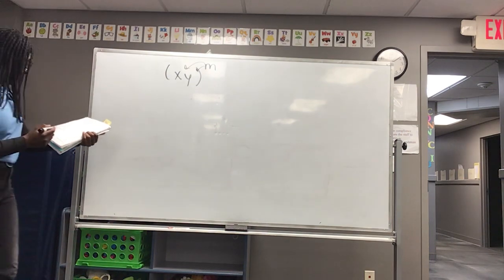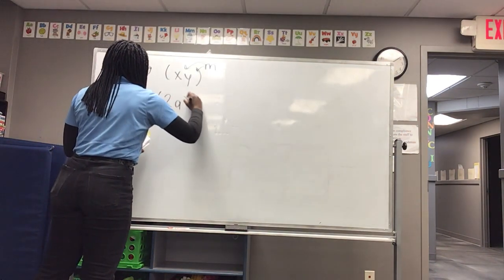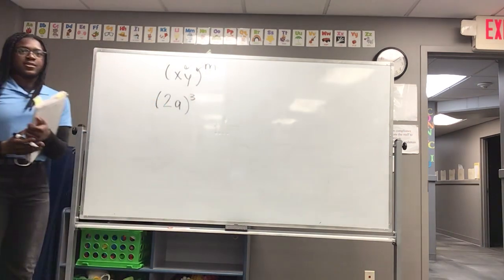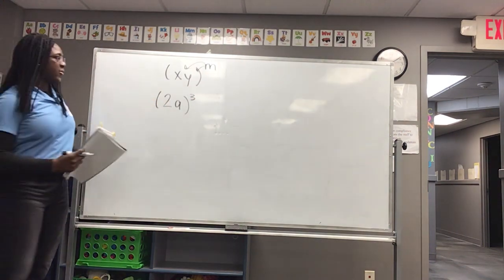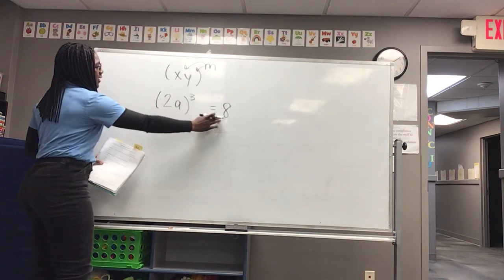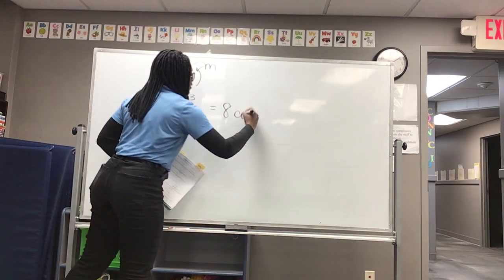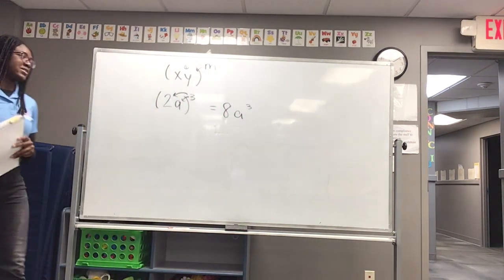So I'll show you an example. Let's say I had (2a) cubed. To solve that one, I'd have to cube 2, which is 8. 2 times 2 times 2 is 8. And then I have to cube a, which is a cubed. So that would be my answer to that one.